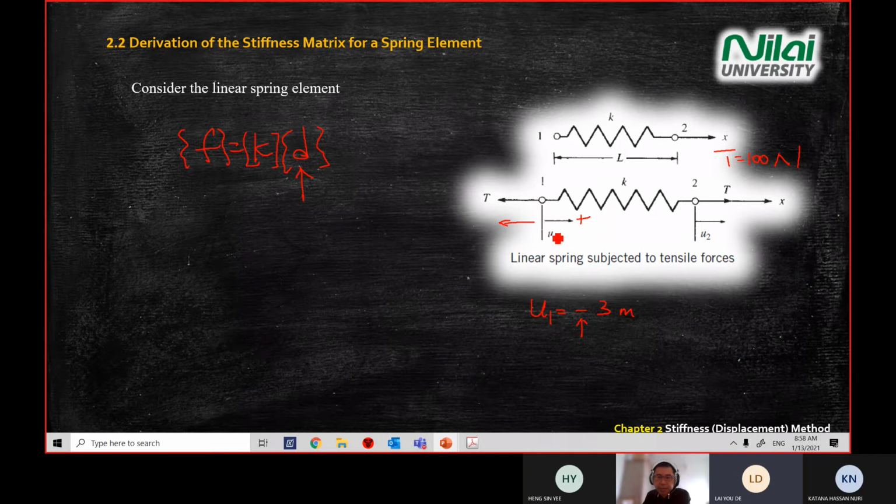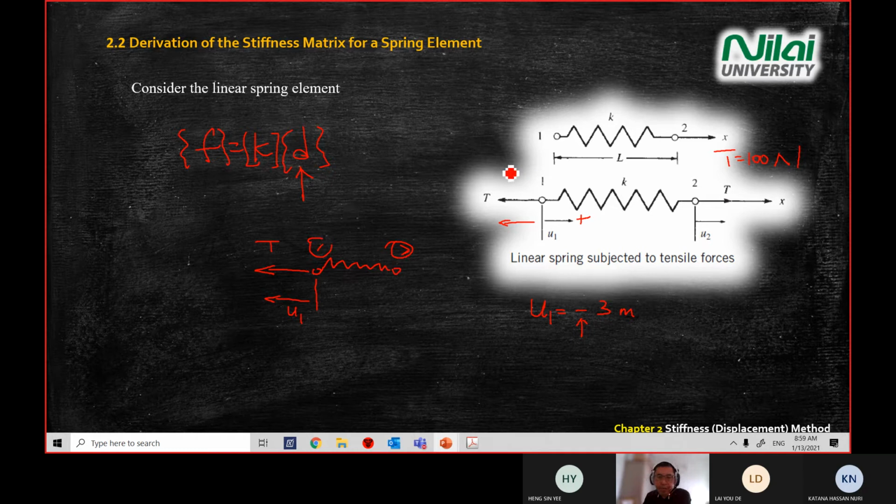It means that when you draw your free body diagram back later on, when you present your results, your U is going to this direction. Try to understand what we're trying to do.